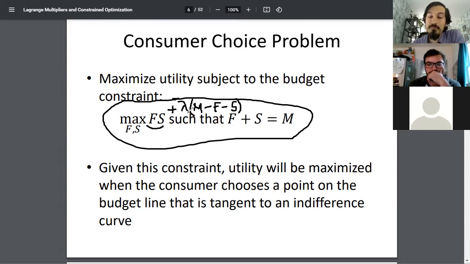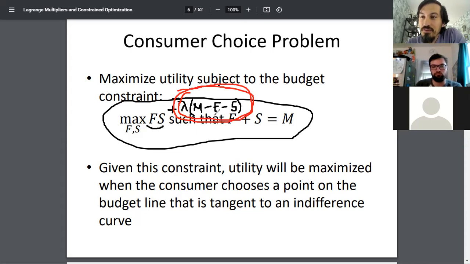But I haven't changed the fact that I'm still looking for something that maximizes f times s, because this part I've highlighted in red should always be equal to 0.